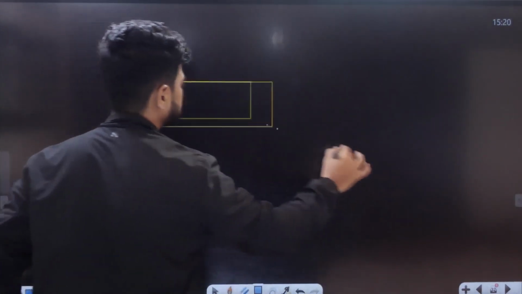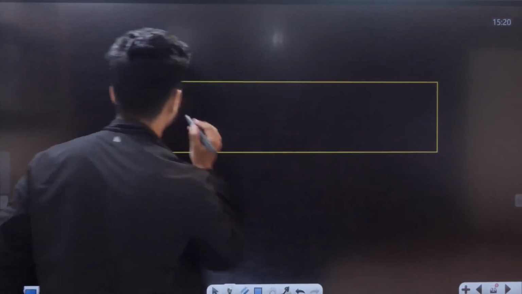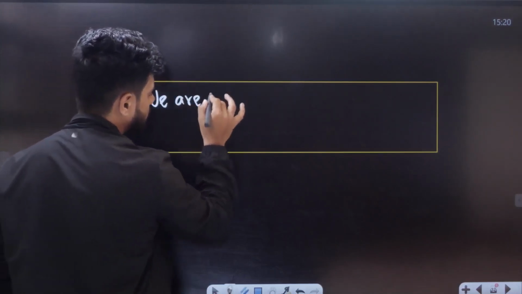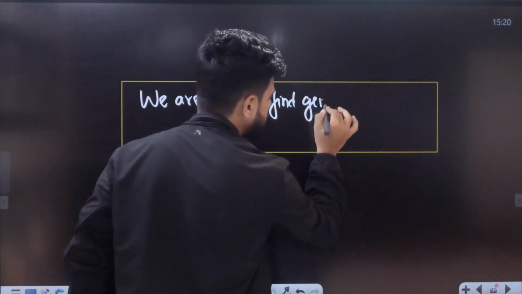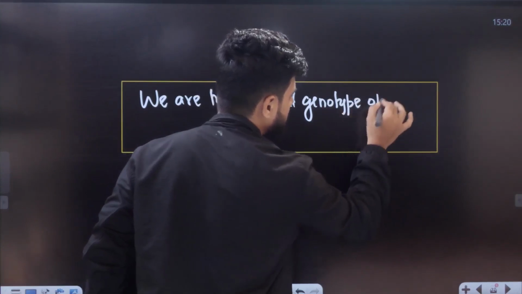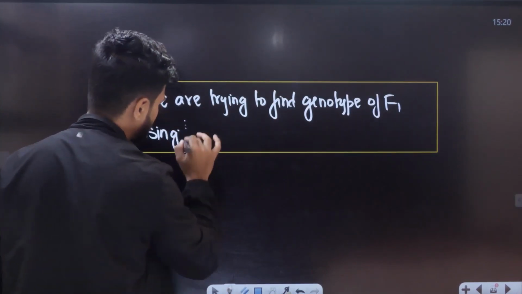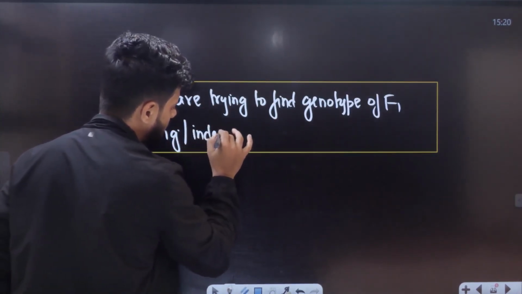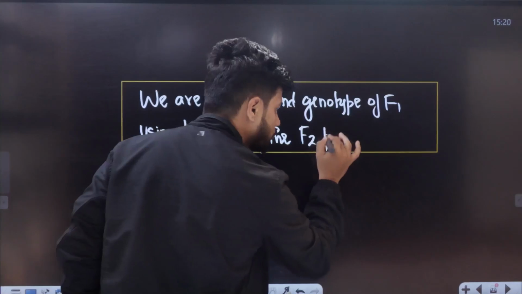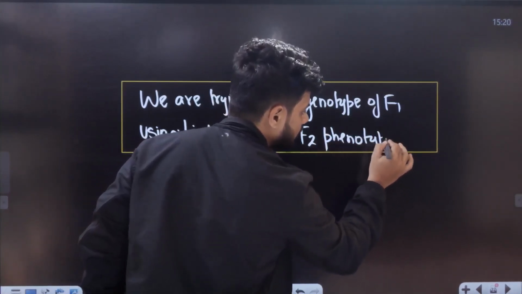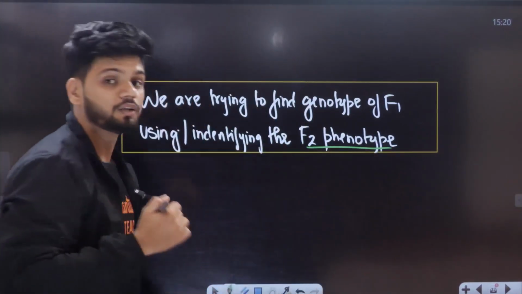We are trying to find the genotype of F1 by identifying the F2 phenotype, based on how the plant looks in F2.